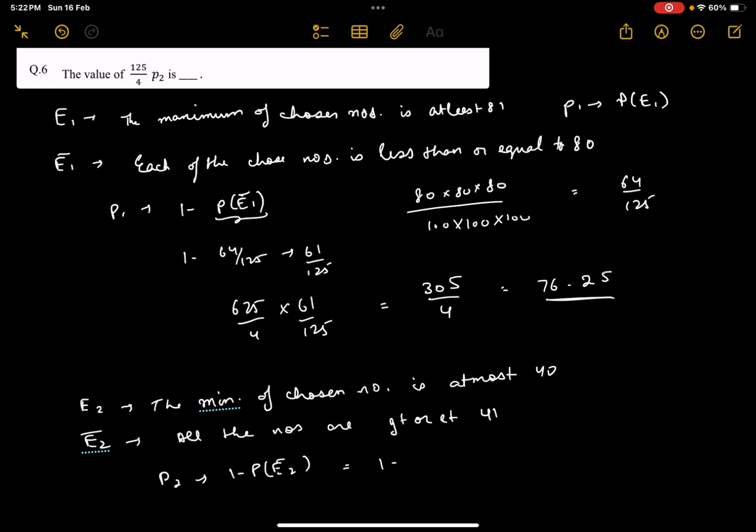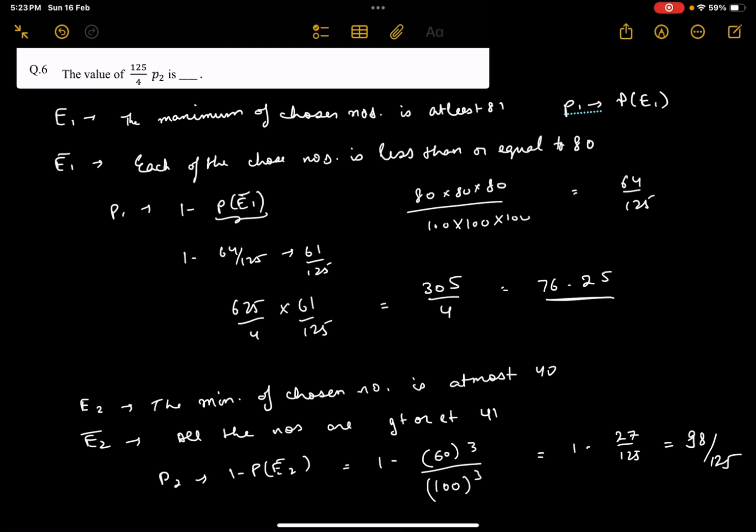Now P(E2 bar) is simply 60 cube upon 100 cube, because there are 60 numbers greater than or equal to 41 in 1 to 100. So this becomes 1 minus 27 by 125, which is 98 by 125.